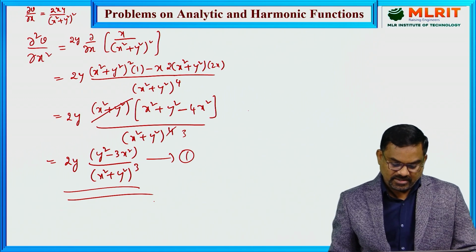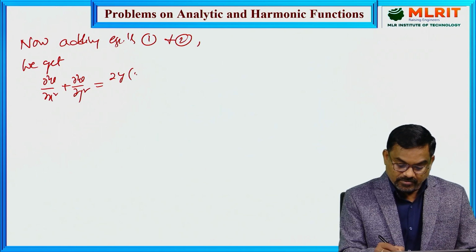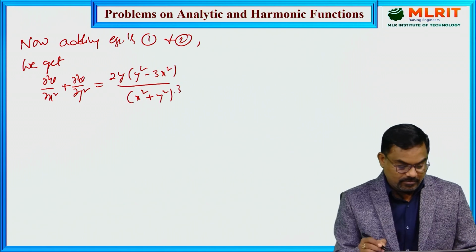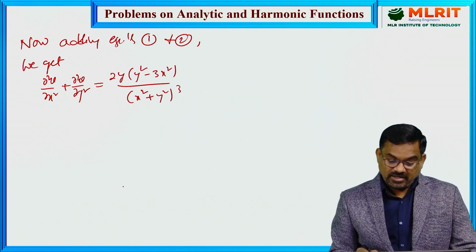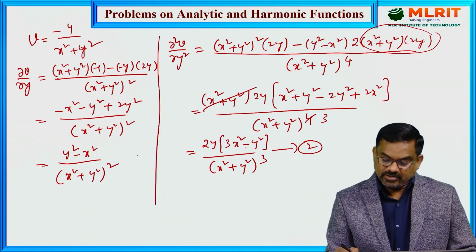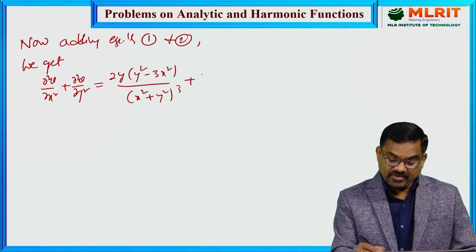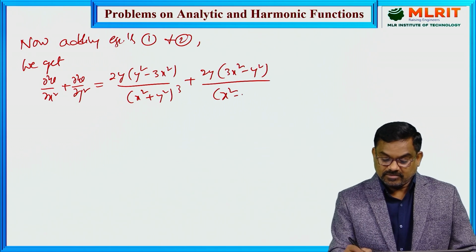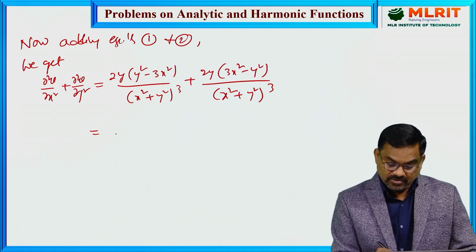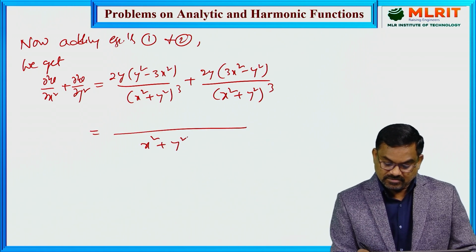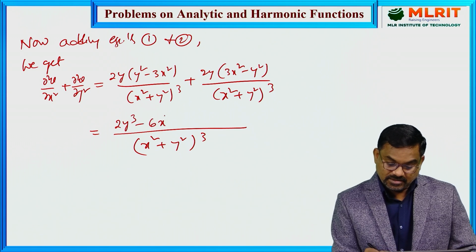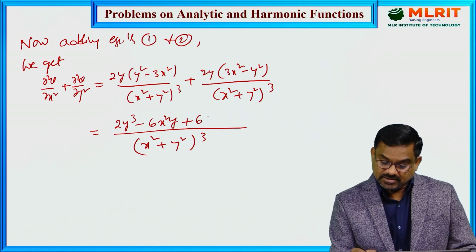dou square v by dou x square, 2y into y square minus 3x square by x square plus y square whole cube, and equation 2, 2y into 3x square minus y square by x square plus y square whole cube. So here LCM x square plus y square whole cube and 2y cube minus 6x square y plus 6x square y minus 2y cube.